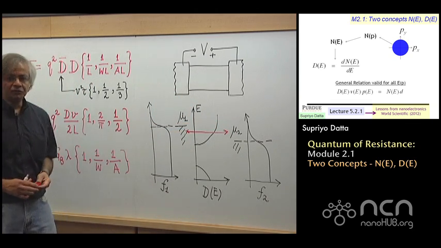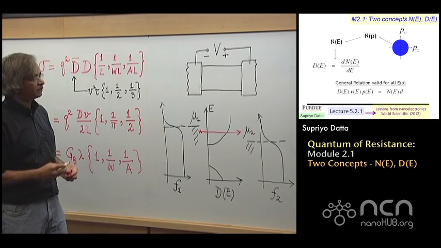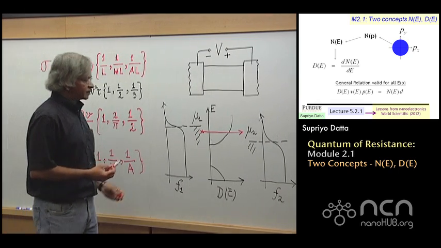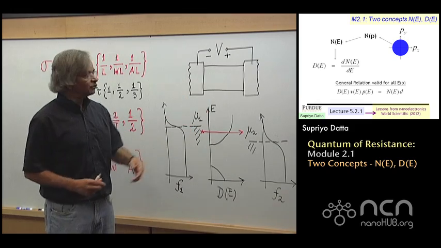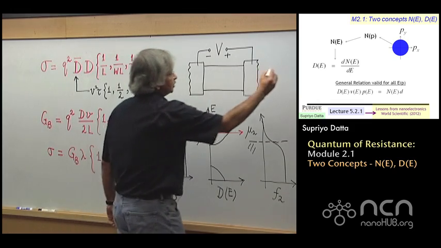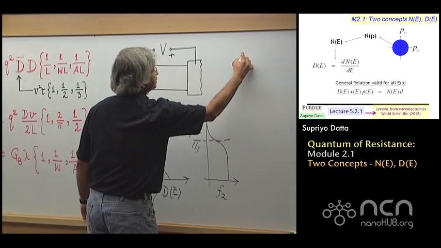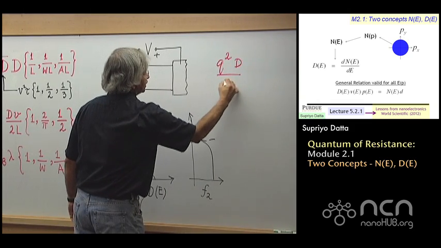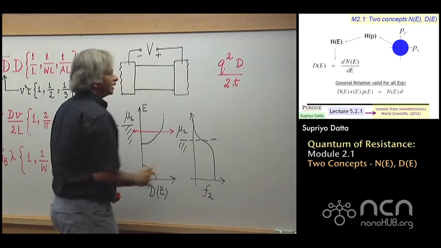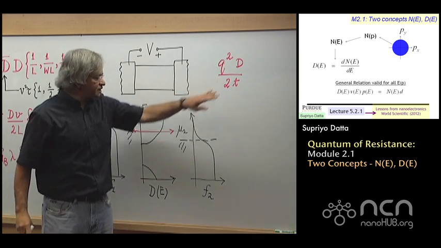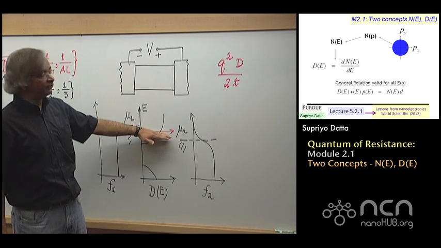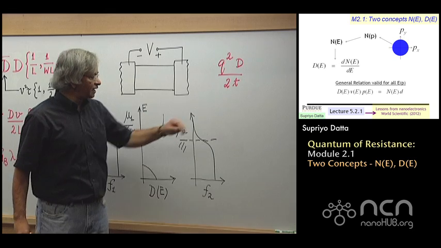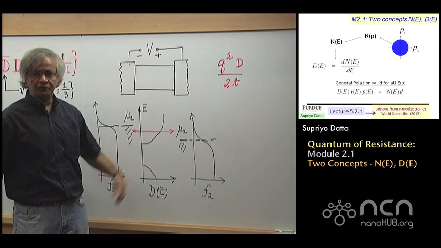And based on this viewpoint, we first obtained an expression for the conductance, which looked like q squared D divided by 2T, where D is the density of states in this energy level of interest, and T is the time it takes for an electron to get through.